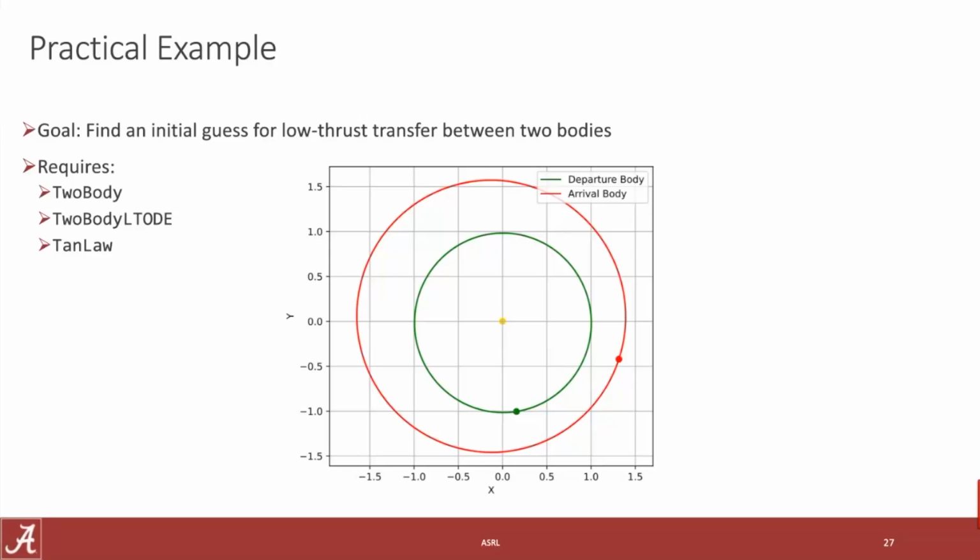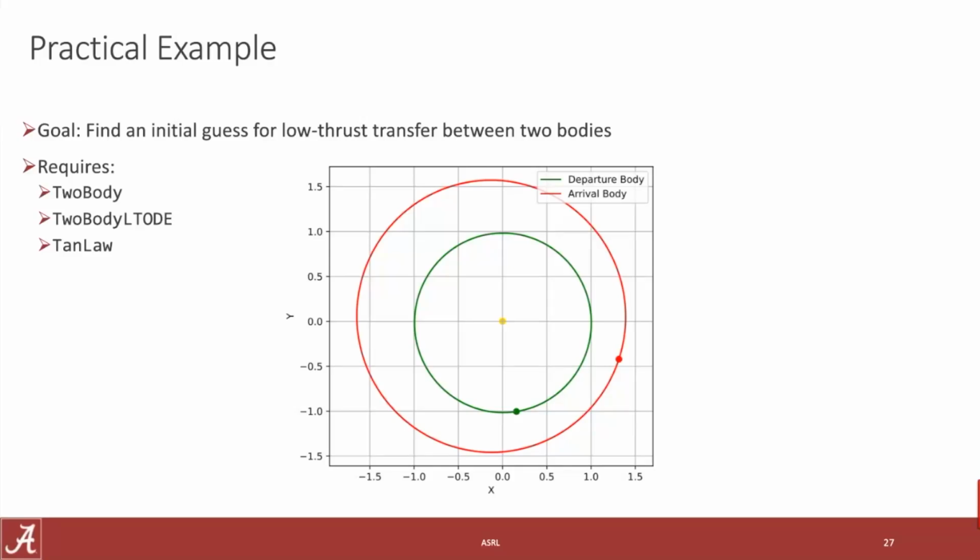Yes. Yep. So for this practical example, we're going to do an actual orbit transfer initial guess generation using what we know so far. So this is combining a lot of the stuff that we've covered in training so far for a more real life example. There's some sun-centric body, green, that we are departing from.